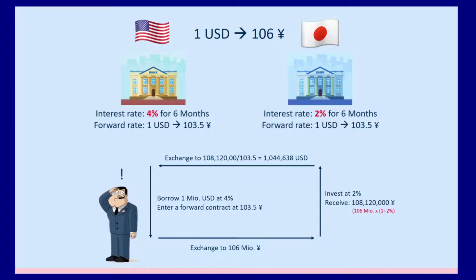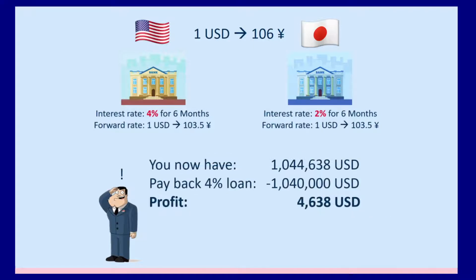And you ask yourself, is that a good idea? Is our guy here smart? And the answer is yes, because the situation is now the following. You now have 1,044,638 US dollars. You have to pay back the loan because you borrowed 1 million at 4%.